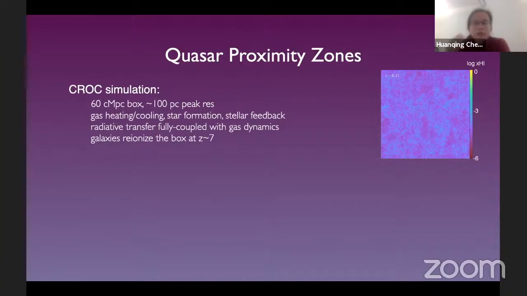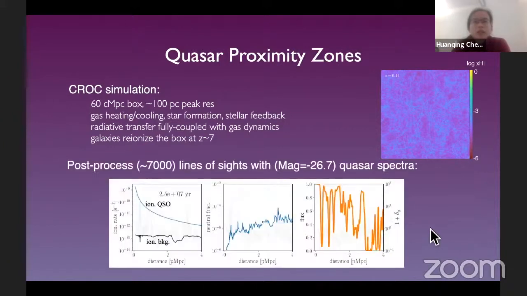The 3D simulation doesn't include individual quasars, so we do this by post-processing. We draw thousands of sightlines centered on massive halos, and then post-process them with a 1D RT code with a bright quasar spectrum. Here is an example. From left to right are the radiation field, the neutral fraction of the IGM, and the transmitted flux.